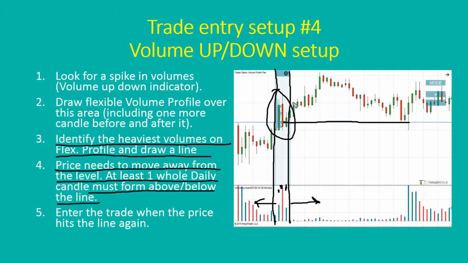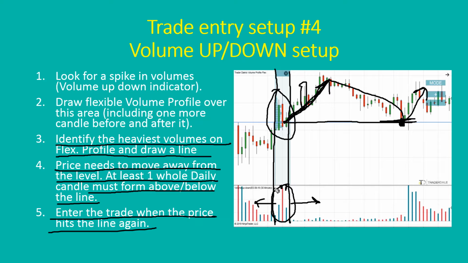So at least one candle needs to be above. Price goes away from the level, then goes back, and when the price hits the level, you enter the trade exactly at the level where the volumes were the heaviest. And you enter the trade in the direction of the movement which started after those heavy volumes.